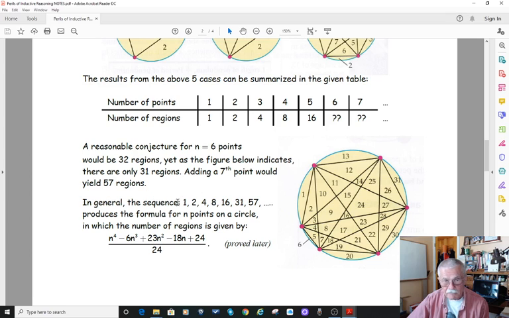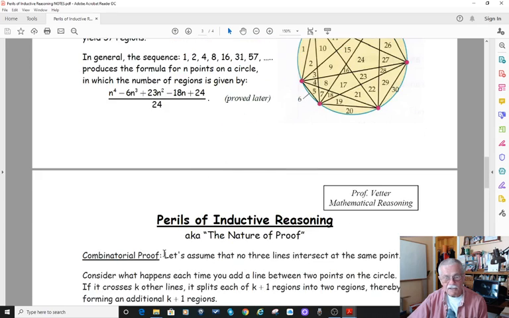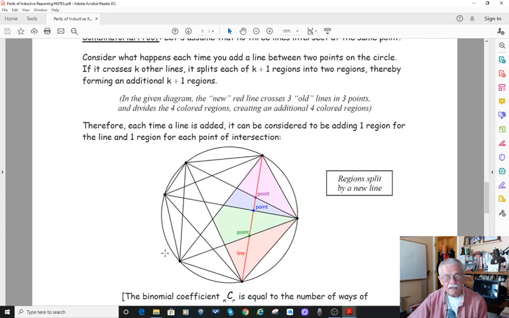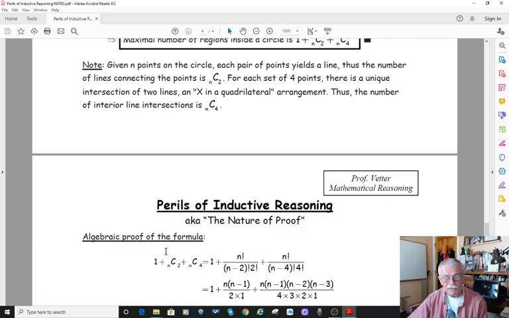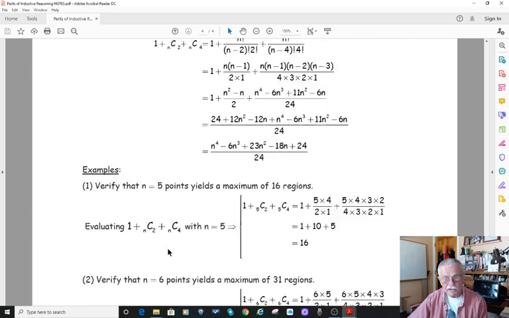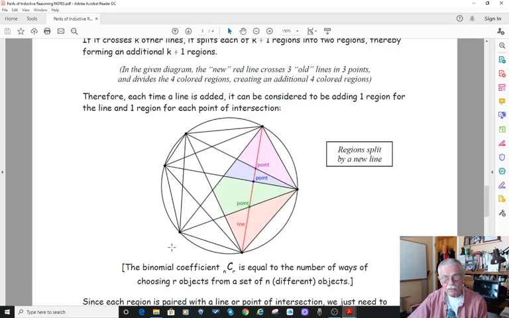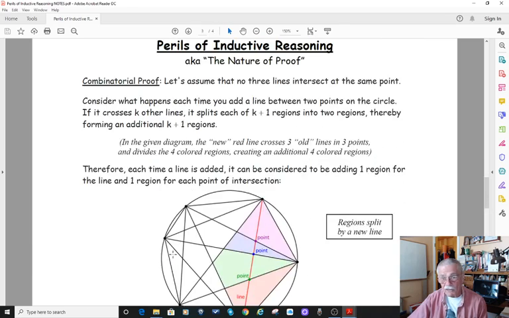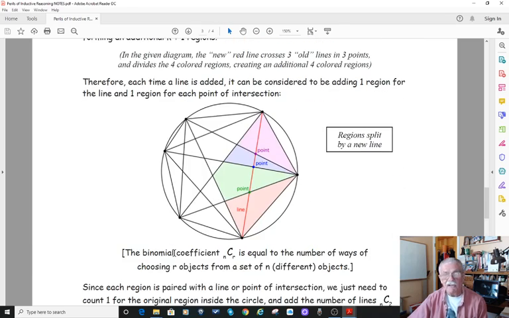And it turns out that this idea of powers of 2, this sequence for the number of regions, is actually busted. And it turns out to be this expression. I actually prove this later on. I'm not going to go through the proof, but there it is. So there are perils associated. By the way, the proof is really cool. You should take a look at it.